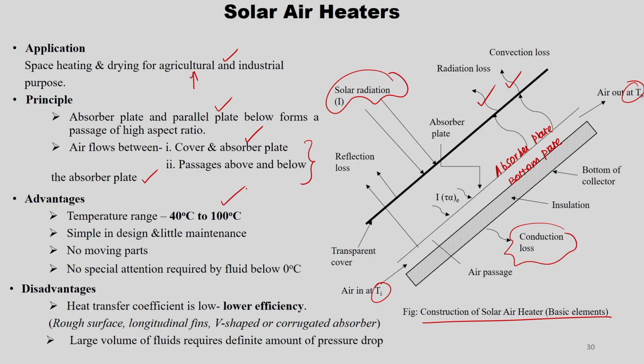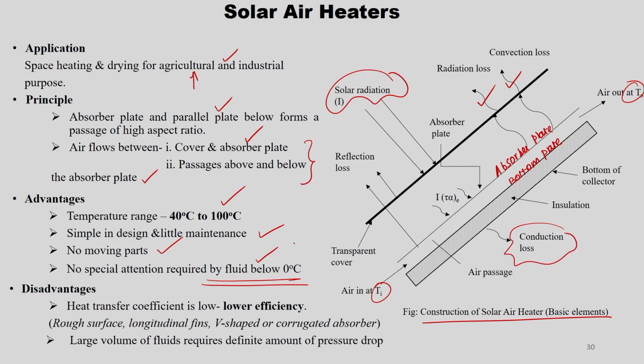On the advantages side, the temperature range is again around 40 degrees to 100 degrees, same as that of the liquid flat plate collector. They are simple in design and little maintenance is required, relatively the same as the liquid flat plate collector, and there are no moving parts. No special attention is required for fluid below 0 degrees. This cannot be achieved in a liquid flat plate collector.